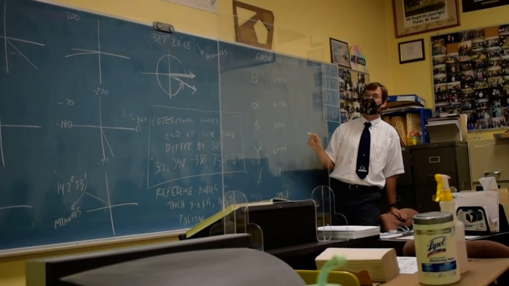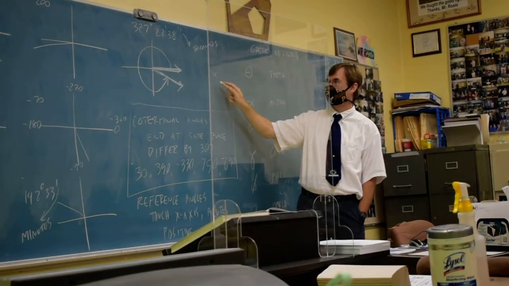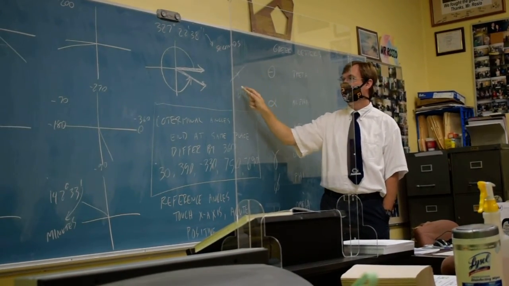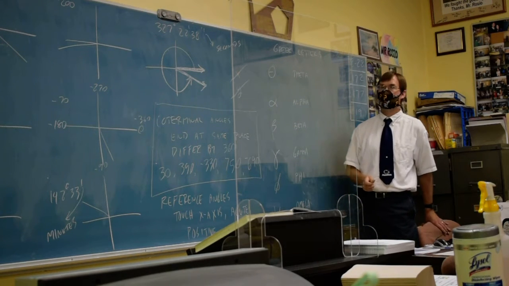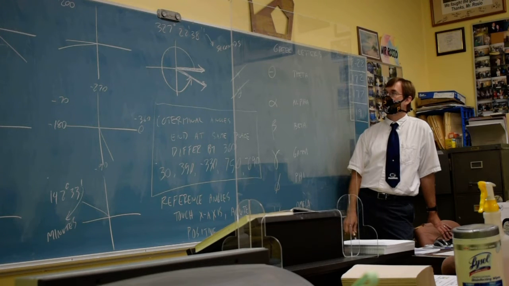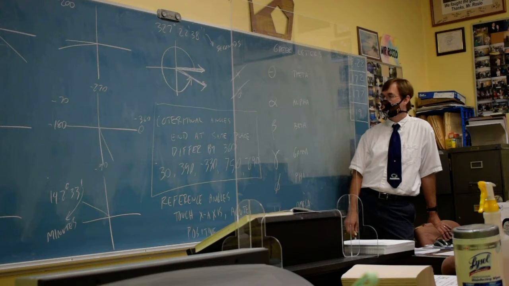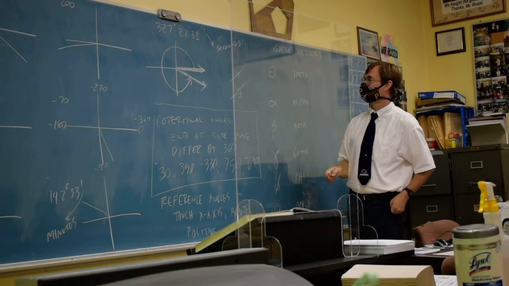Trivia information: our book will not very often do variables like X or Y. Those are out the window. For some reason in the world of trig, they like to do Greek letters. We're back to Euclid and all those guys who sort of invented geometry back in the day. There's a lot of Greek stuff going, and for some reason, Greek letters got entrenched in the world of trig instead of the normal-to-us letters.